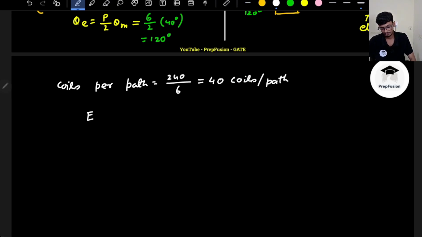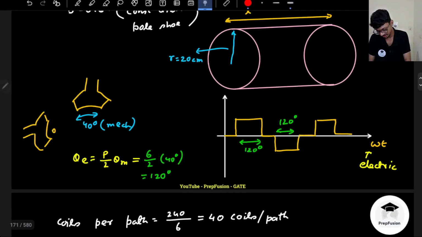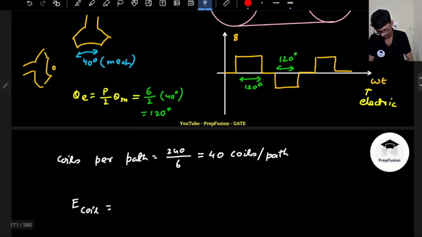What is the overall induced EMF? It will be whatever is the induced EMF in one coil multiplied by 40, right? Because I have 40 coils in a path. So what will be the per coil induced EMF? Again, E coil will be what? One doubt you might have is, sir, if the flux density is constant, how is voltage getting induced?